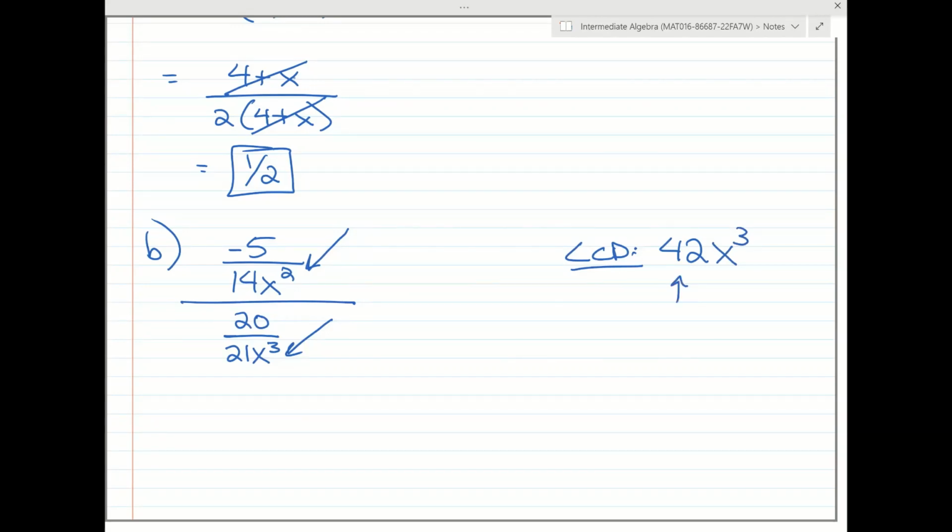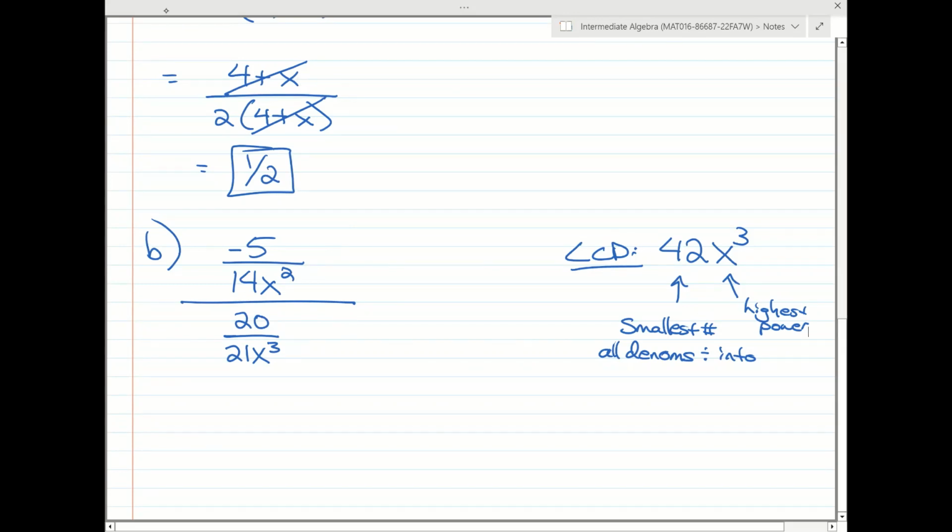So again, the least common denominator, this is the smallest number all the denominators can divide into. And this is going to be the highest power of the variable. Let's go ahead and multiply by 42x to the third on the top and bottom.